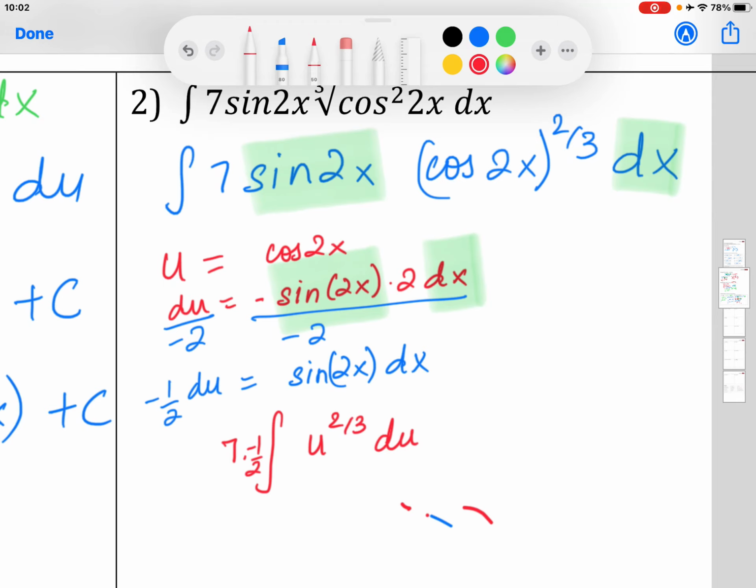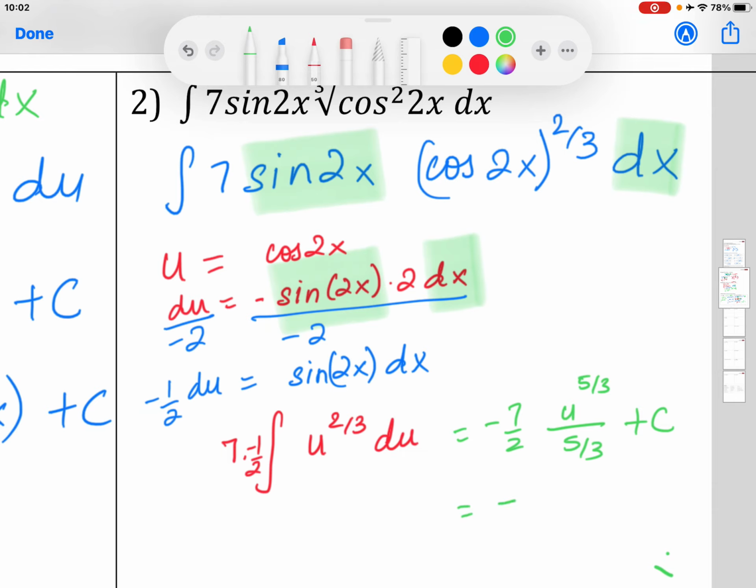Now let's take the integral of u to the 2/3, which is basically just adding 1 to the exponent. So I have negative 7/2, and 2/3 plus 1 is 5/3, u to the 5/3 over 5/3 plus c. Dividing by 5/3 is the same thing as multiplying by 3/5.